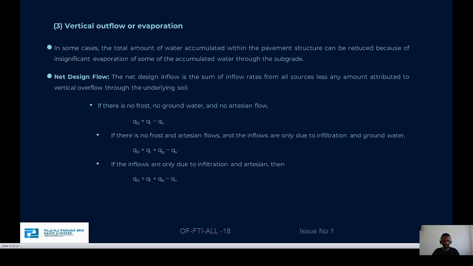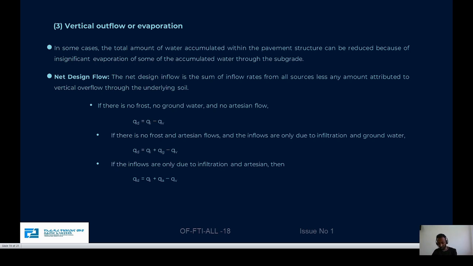In some cases, the total amount of water accumulated within the pavement structure can be reduced because of evaporation of some of the accumulated water through the subgrade. The net design flow, if there is no frost, no groundwater and no arterial flow, is calculated by the second formula.